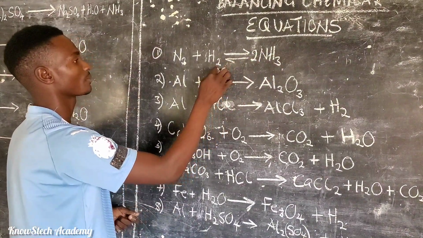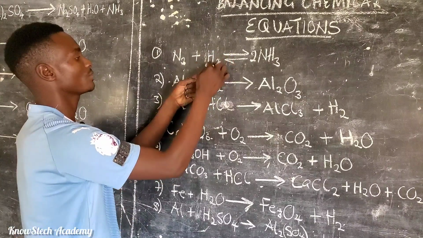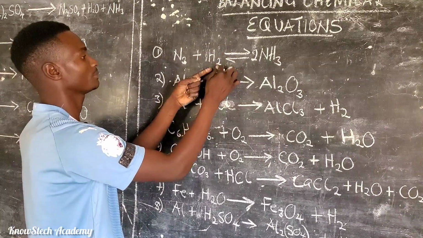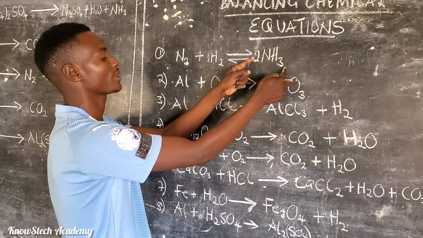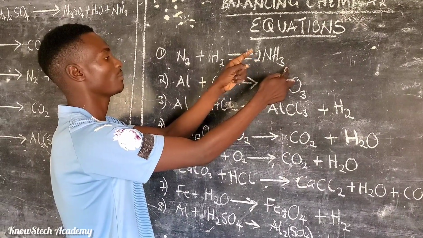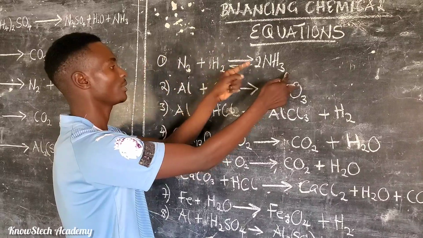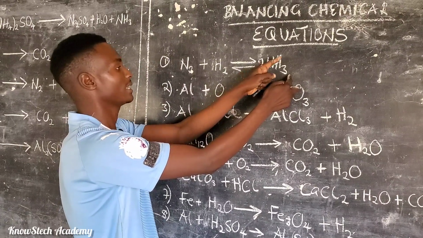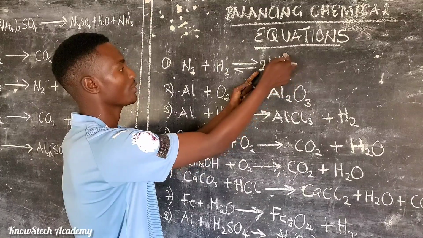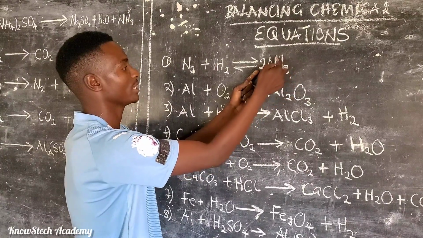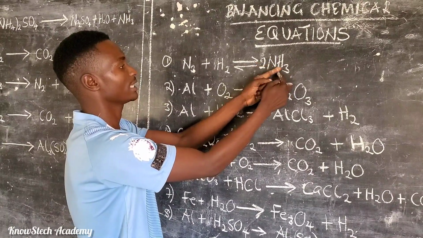Let's go to hydrogen. We have 2 atoms of hydrogen. Then this side, remember, the number you put in front of an element or a compound affects every element. We already have 3 atoms of hydrogen here, so we're going to multiply 3 times 2.